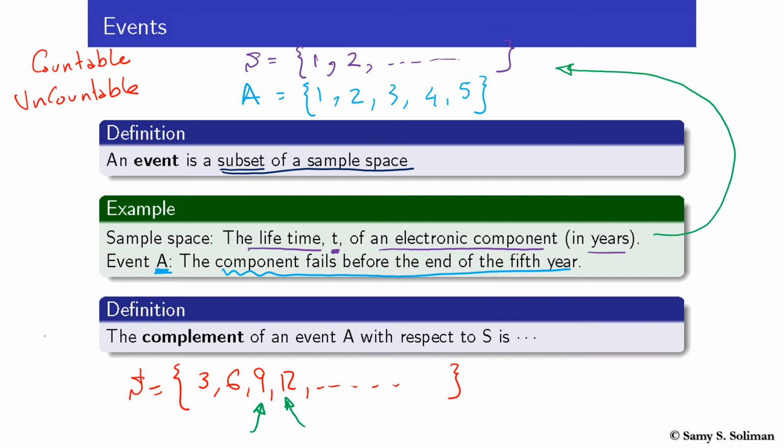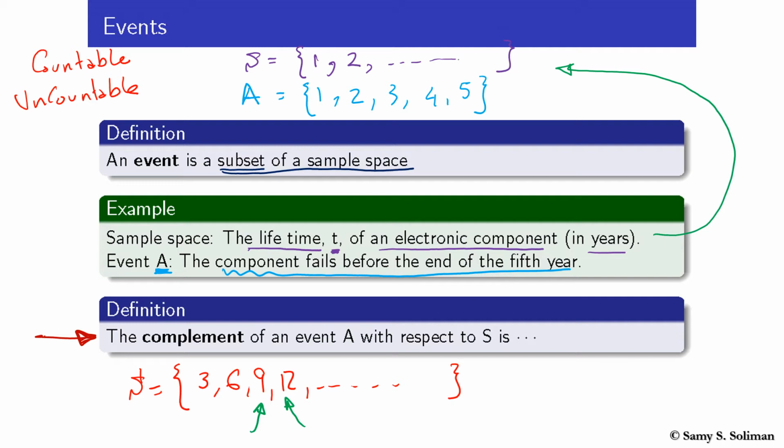Let's now move to another definition, which is the definition of the complement of an event. The complement of an event with respect to the sample space is defined as all the elements in the sample space that are not included in the event.